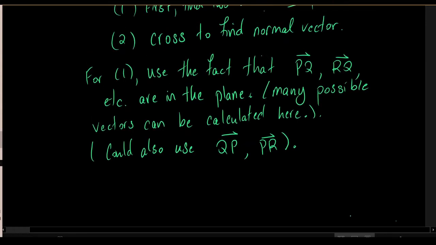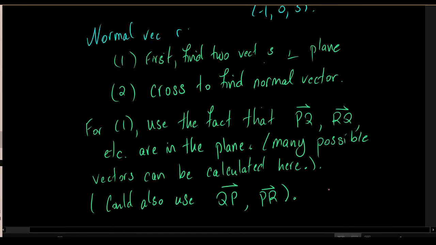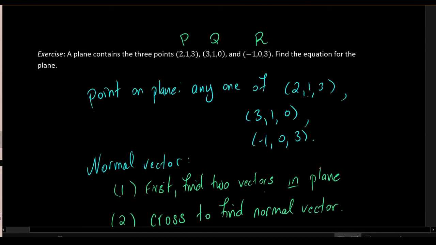So based on my taste, based on my preference, let me go ahead and find the vector from P to Q. So the vector from P to Q, terminal minus initial, is 3 minus 2, 1, 1 minus 1 is 0, and 0 minus 3, which is negative 3.